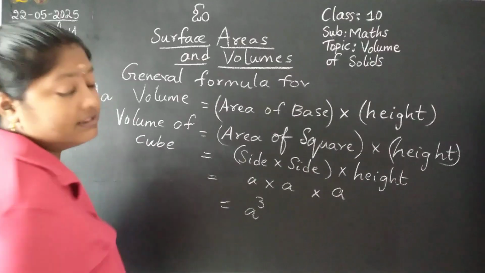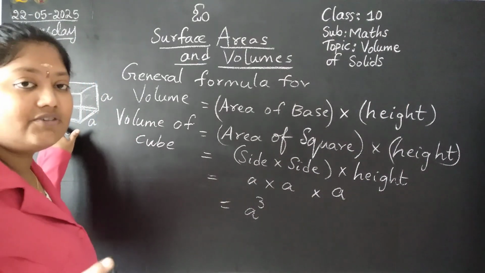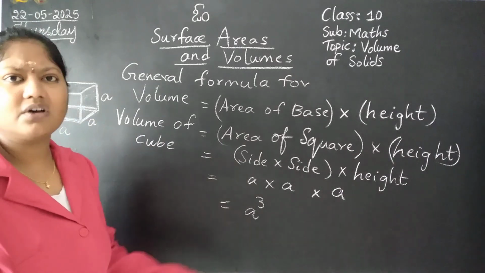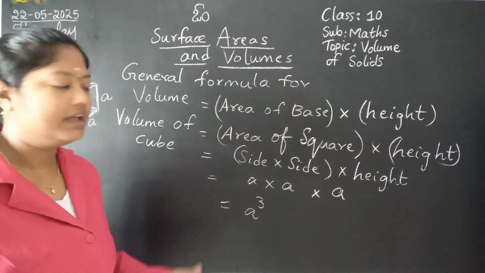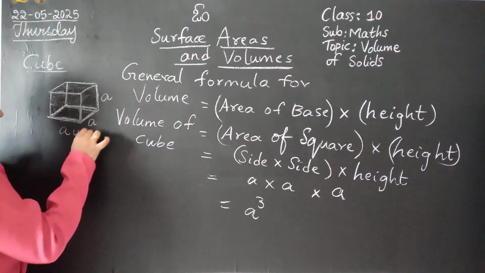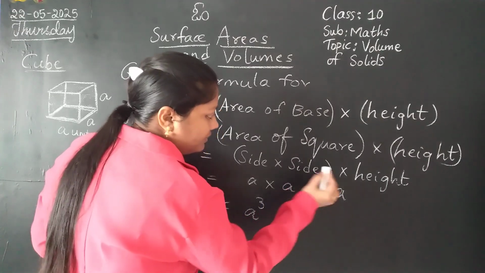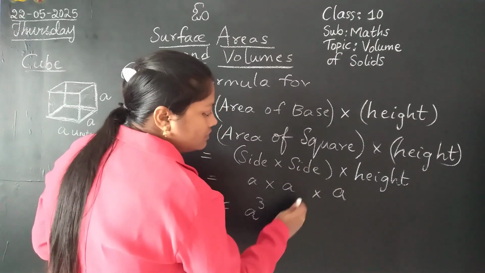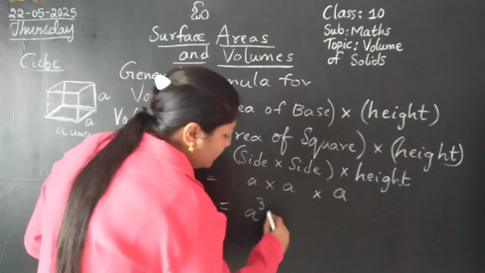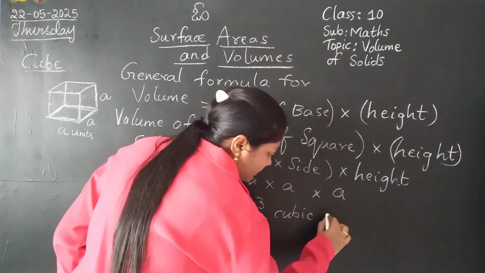And we have to take the units. The length will be measured in centimeters or meters or kilometers. Here we generally take it as a units. So we take a units into a units into a units. Units are also multiplied 3 times, so we get cubic units.